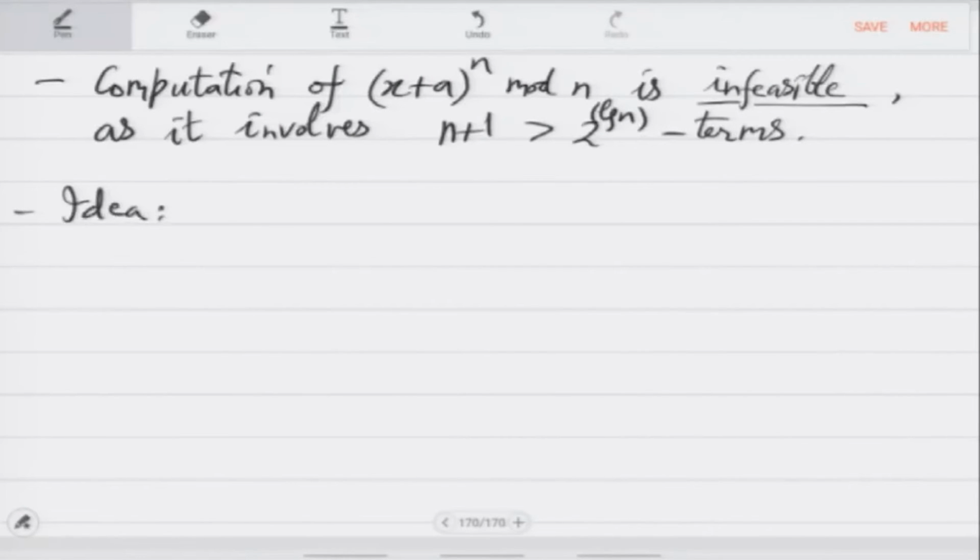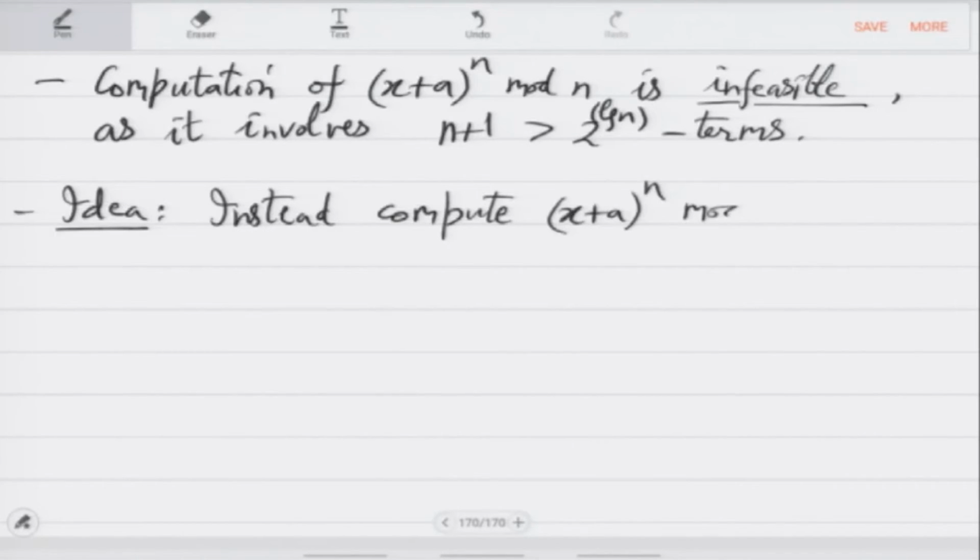So, the first breakthrough idea is to compute an approximation of this instead of the whole thing. So, instead compute (x plus a) to the n mod n comma q(x) for low degree q.